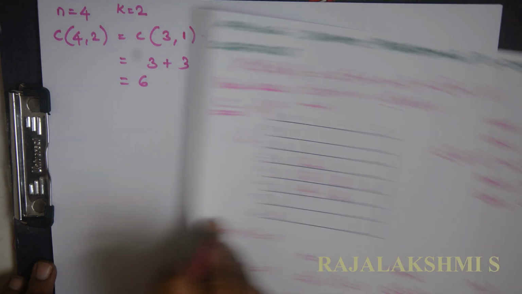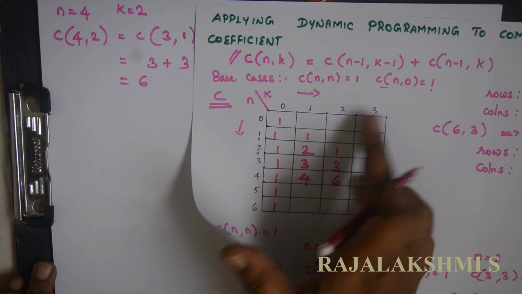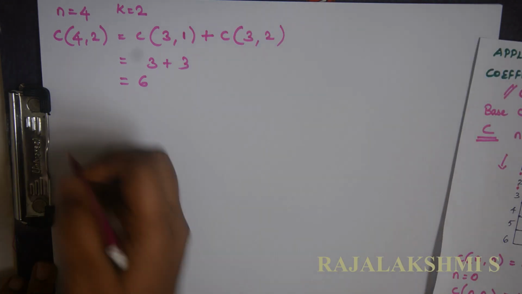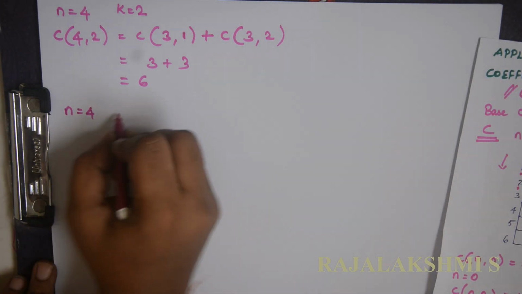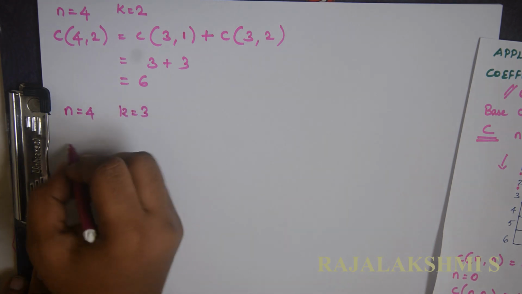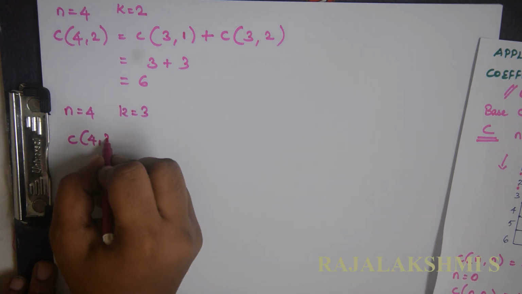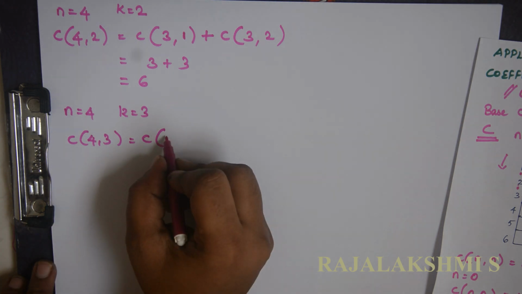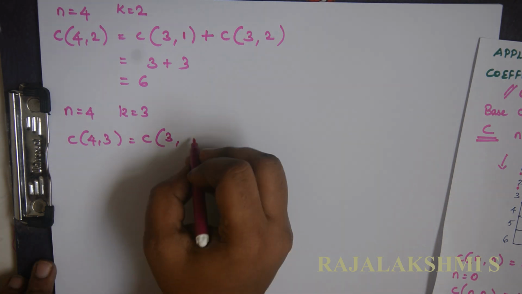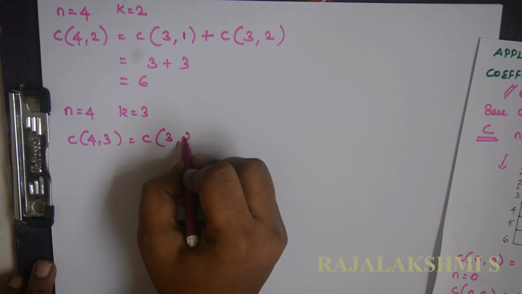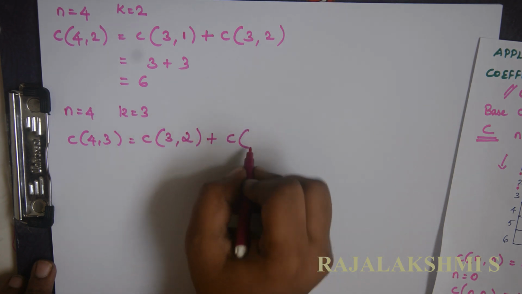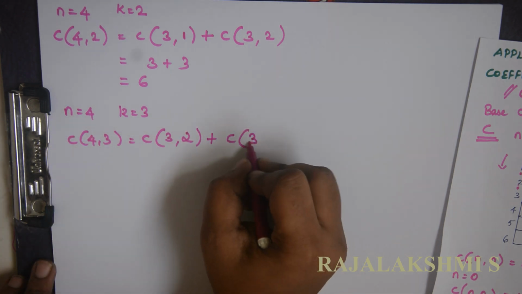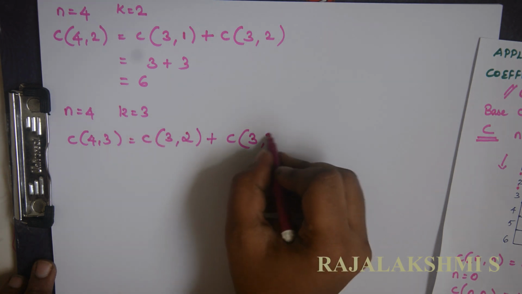And then now we should find n is equal to 4 and k is equal to 3. So when n is equal to 4 and k is equal to 3, C of 4 comma 3 is equal to C of n minus 1, which is 4 minus 1, that is 3 comma k minus 1, which is 2, plus C of n minus 1, which is 3 comma k, which is 3.